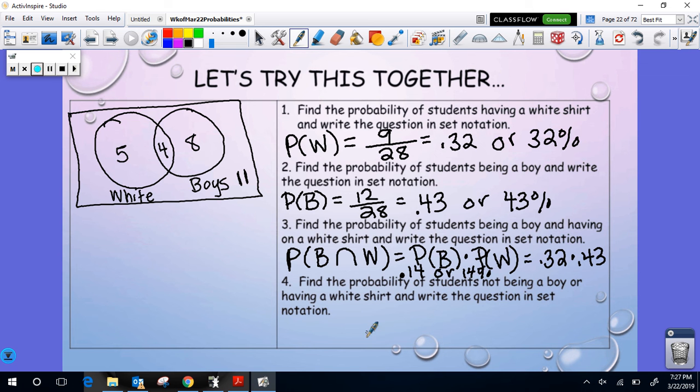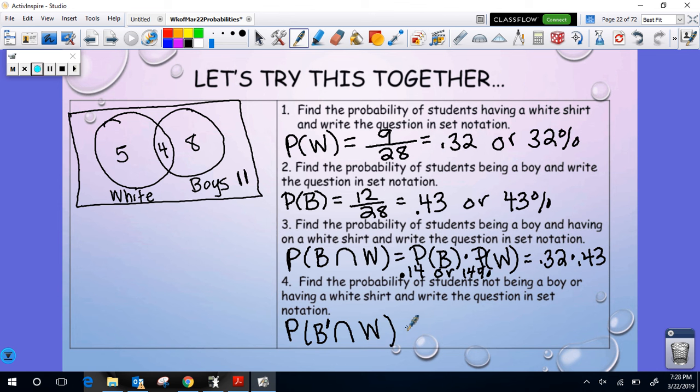Okay? Now it says find the probability of students not being a boy or having a white shirt, and write the question in set notation. So we're going to say the probability of not, which means complement, not being a boy, and so we want the intersection of, and having on a white shirt.